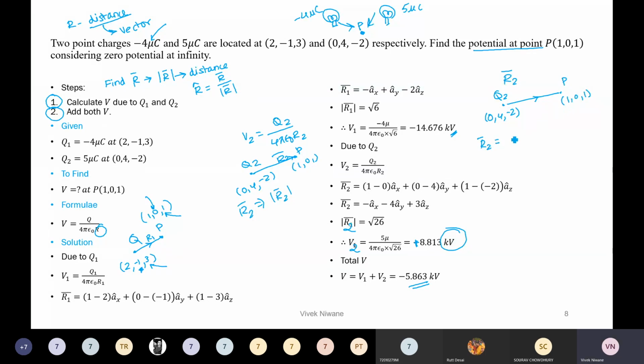X components: 1 minus 0 AX cap, plus Y components, destination minus source: destination Y is 0 and source Y is 4, AY cap, plus destination Z coordinate is 1 and source Z coordinate is minus 2, AZ cap. So what do you get? AX cap minus 4 AY cap, and minus minus is plus, so plus 3 AZ cap.